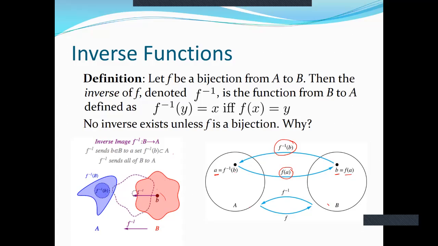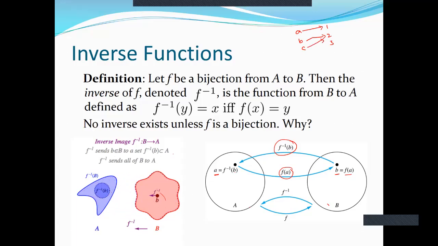All right. But the question is, no inverse exists unless f is a bijection. Why? If the function is not one to one, can we find the inverse? So for example, if I have elements a, b, c, and then here I have 1, 2, 3, and this is mapped with some function f. a is mapped to 1, b is mapped to 2, and c is also mapped to 2.